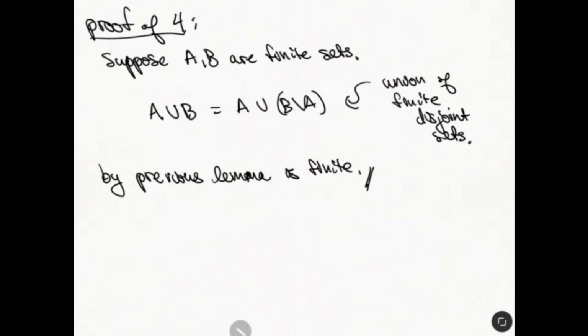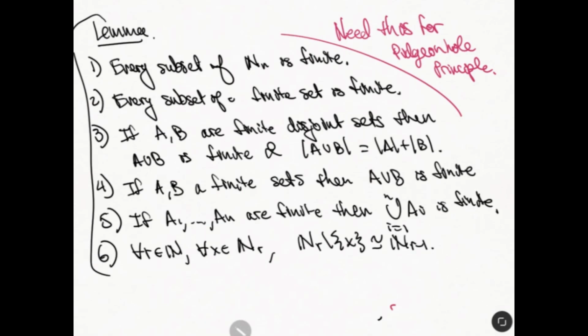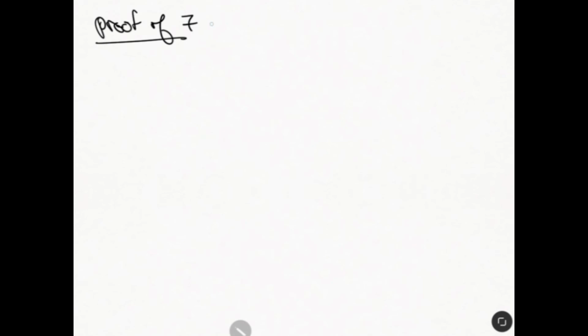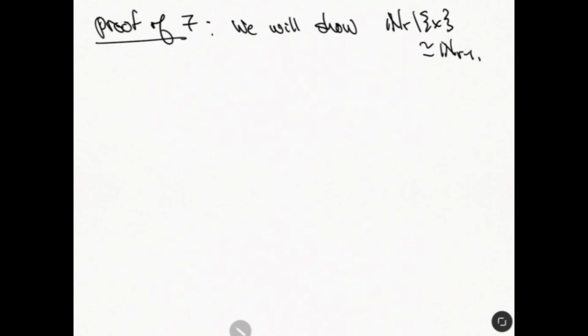Proof of 7. 7 says that if you remove a point, it's the same thing as if we were going to do n sub r minus 1. So we will show that.